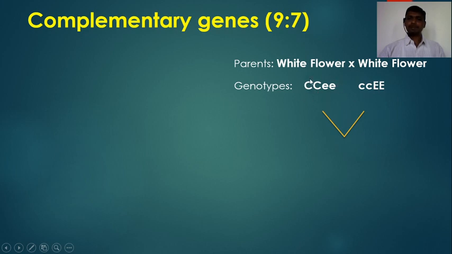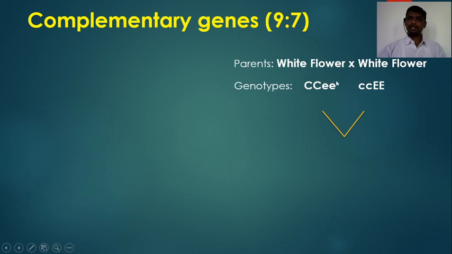In the first parent, the dominant gene is the C gene, while in the other parent the dominant gene is E, due to which only one dominant gene, either C or E, is present in the parent. Due to this, the parents are white flowered.